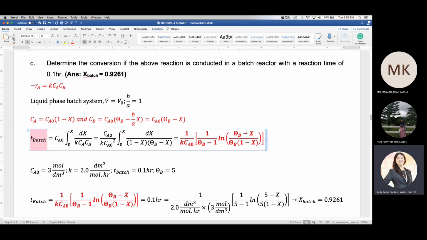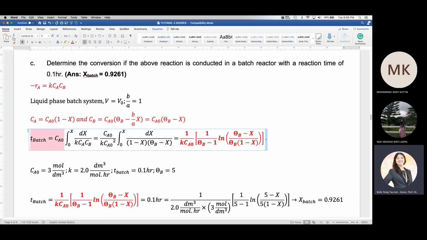Okay. Kamu tengok list of equation, kamu kena cari equation batch, minus RA, K CA CB, liquid phase. So kalau kamu cari equation ni dalam font merah ni, which is reaction time equals to 1 per K CA0 in bracket 1 per theta B minus 1 ln theta B minus X per theta B 1 minus X. So straightforward je.